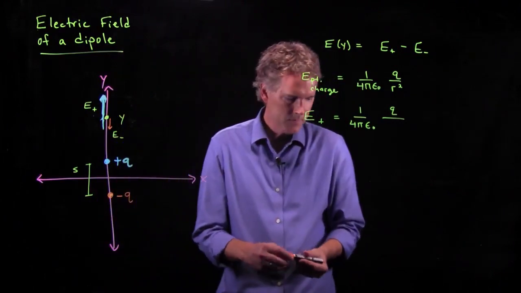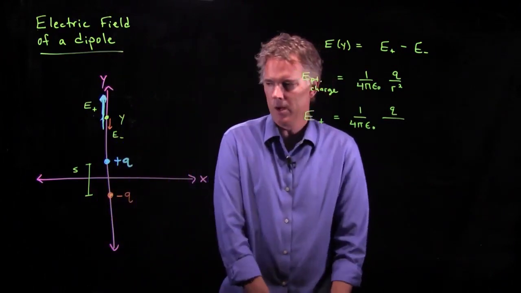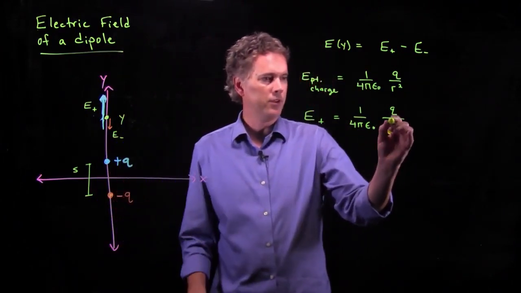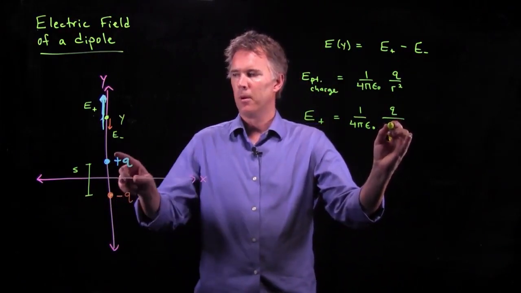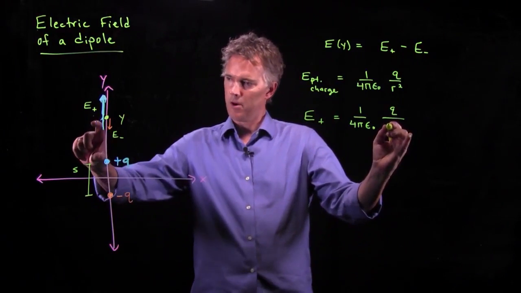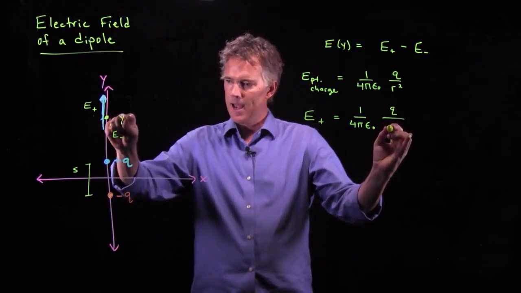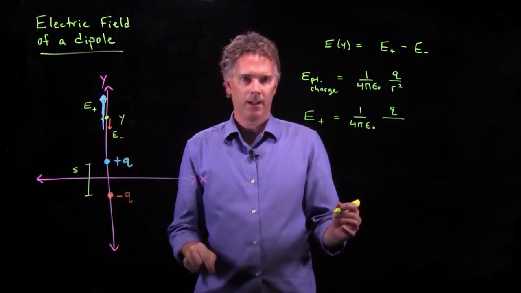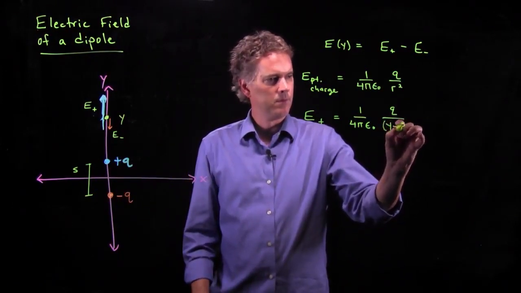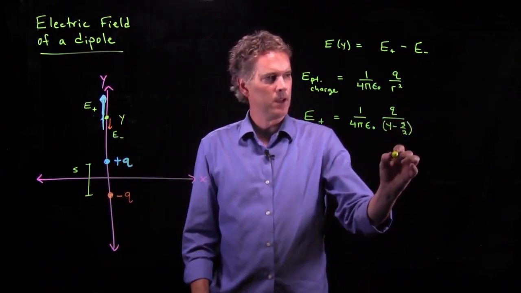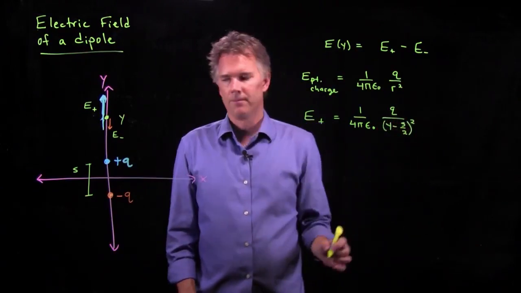Okay. And now positive Q and negative Q give us these two fields. The positive Q one is how far away from our point of interest? Well, it's this far away, right? Y minus s over 2. Okay, and remember we have to square that whole thing, right?